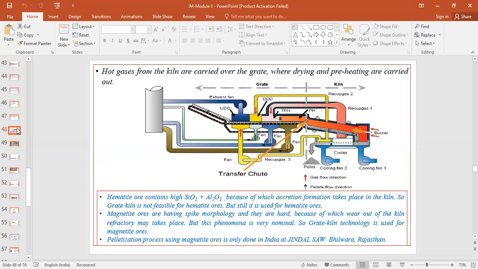So this is the schematic diagram of the Grate-kiln technology. There you can see this is the traveling grate, and this is the kiln.